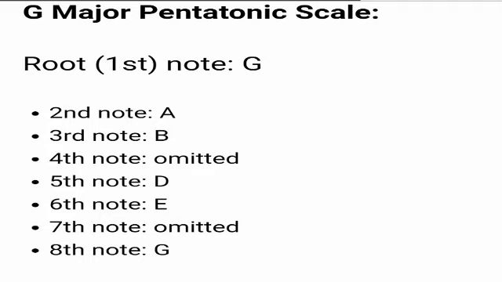The difference between this pentatonic major scale and the normal major scale that you know is just the omission of these 2. We're going to try it on other keys if time permits, but let's try it on the key of G so that you see how it sounds. G major pentatonic scale.